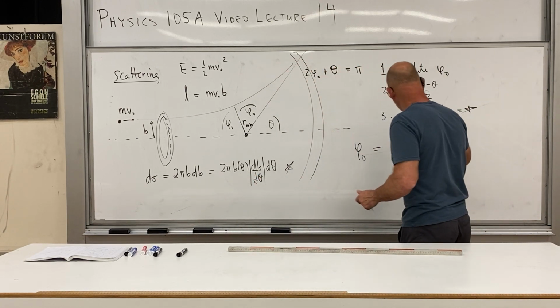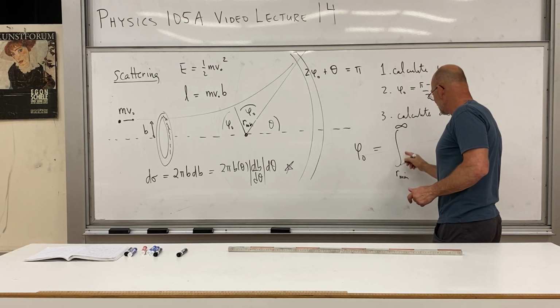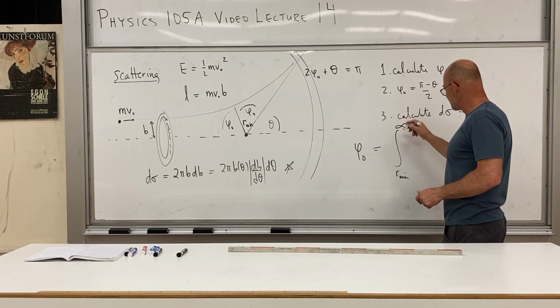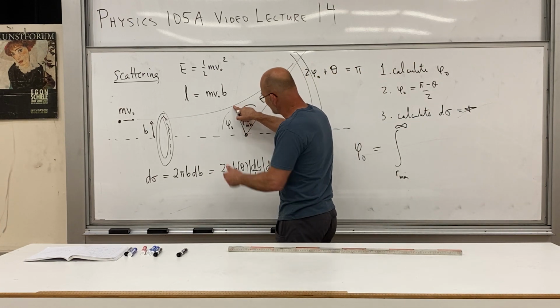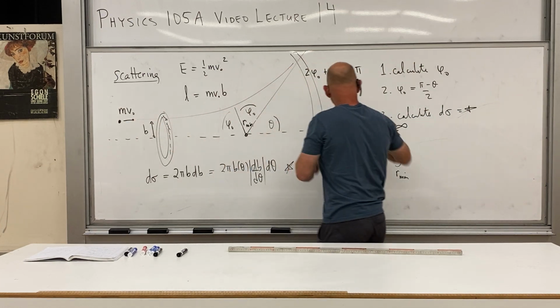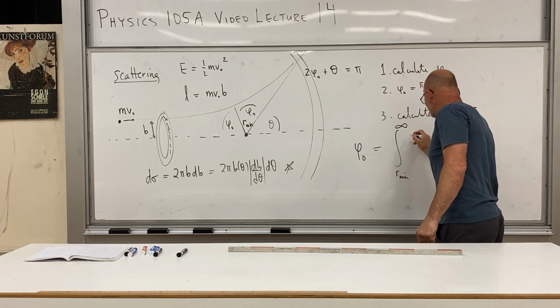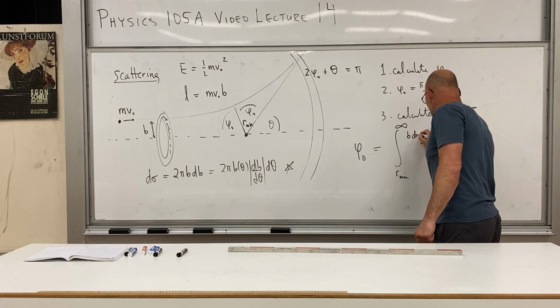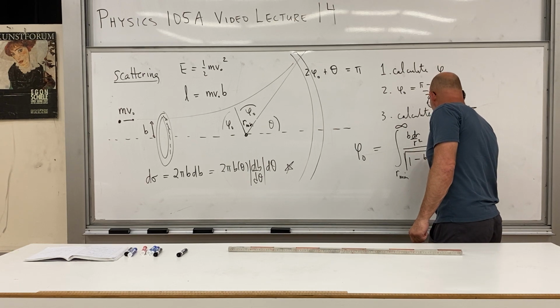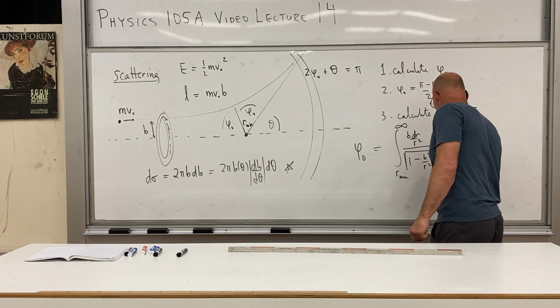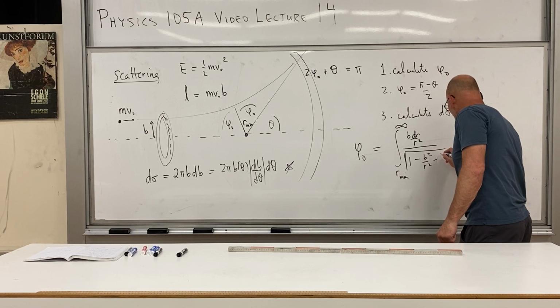So you plug those substitutions in, r min to infinity, right? That's 1/2 of these trajectories, r min to infinity. And then we would have b dr over r squared divided by root 1 minus b squared over r squared minus u.